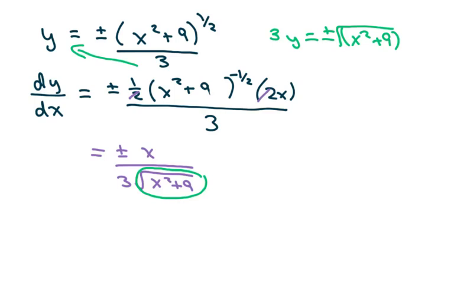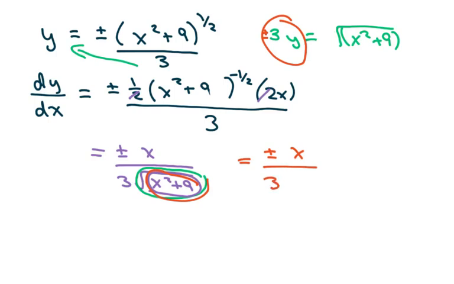Alright, so I'm going to change this to 3y, because that's what it equals. So we're going to get plus or minus x over 3 times plus or minus 3y. Now the plus or minuses cancel here because they're the same. So we get x over 9y.